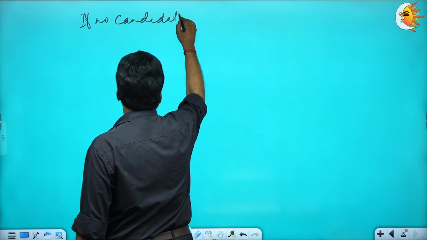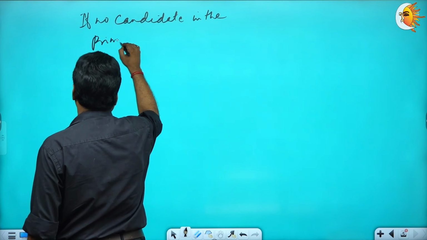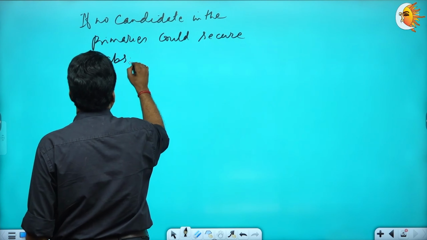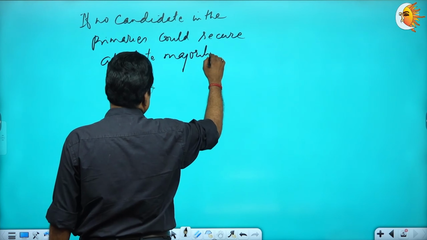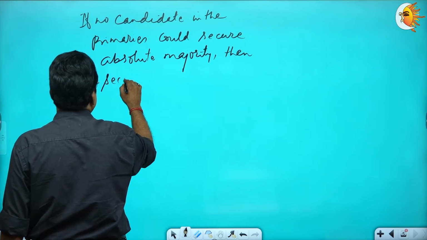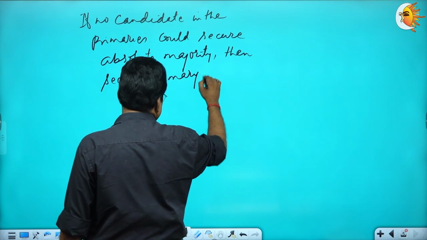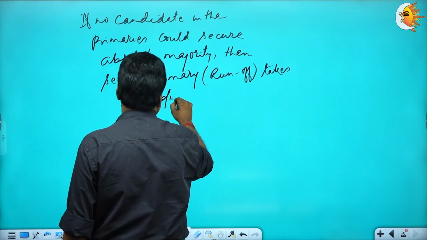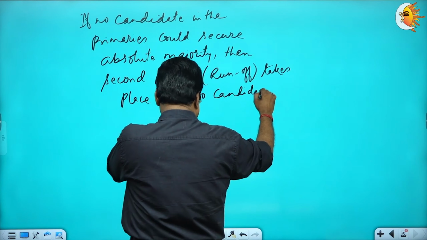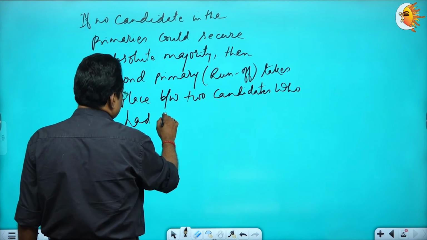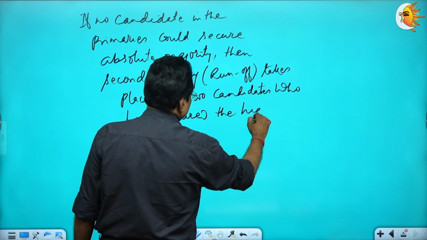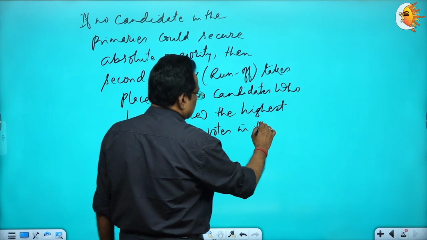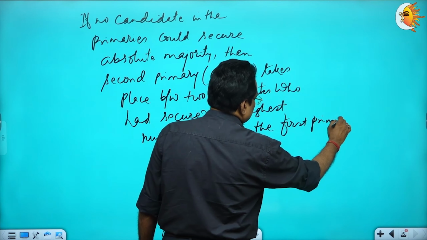If no candidate could secure absolute majority, then second primary, that is runoff, takes place between two candidates who had secured the highest number of votes in the first primary.